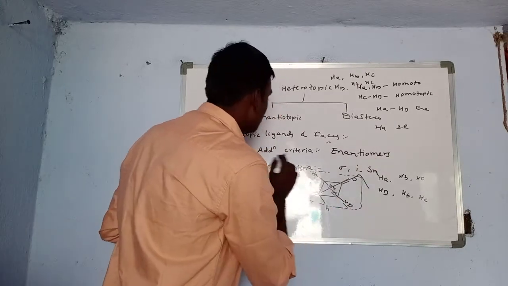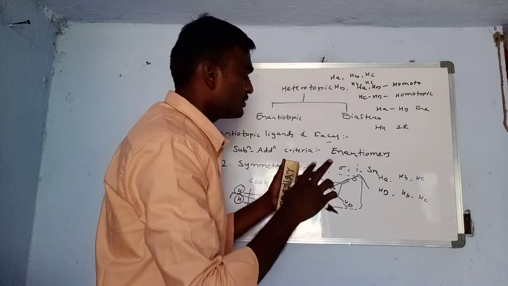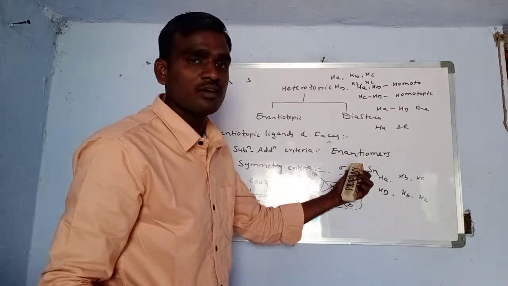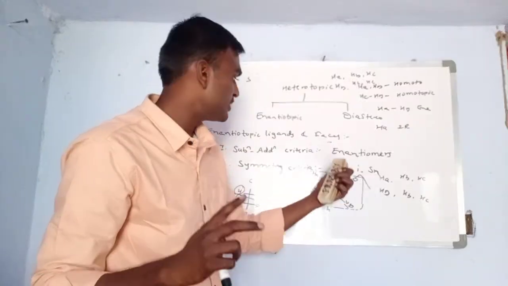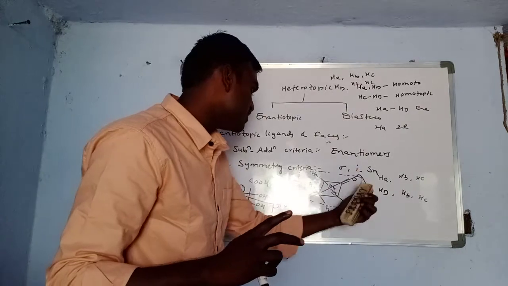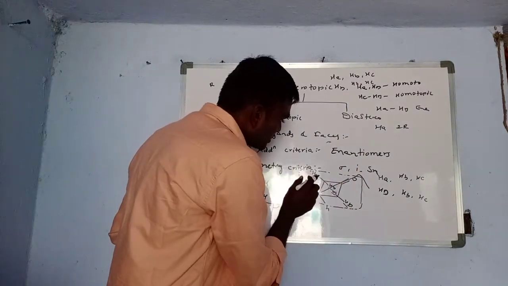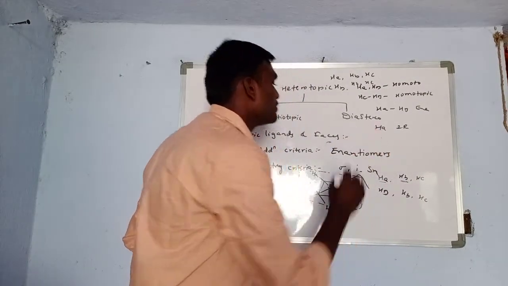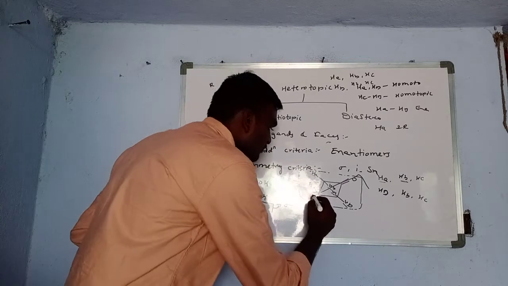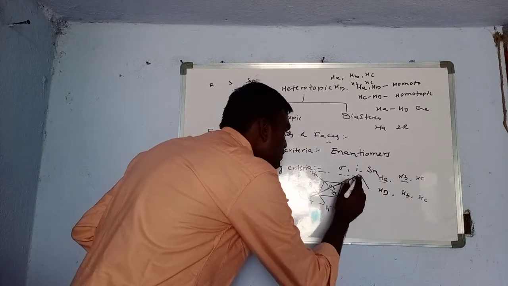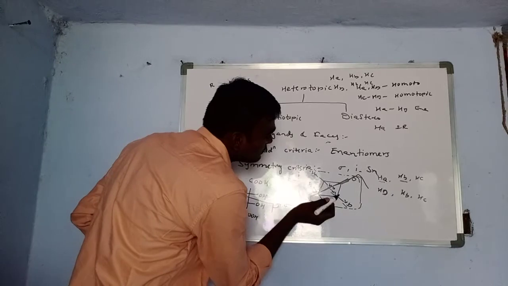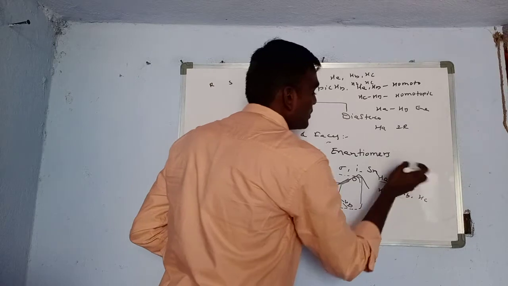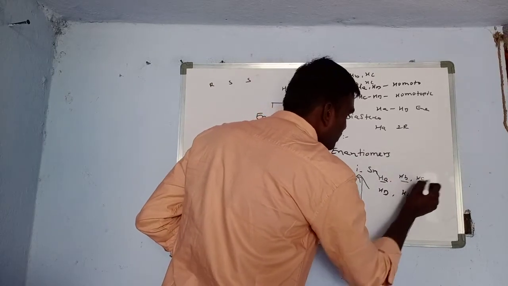So what is the symmetry criteria? Whenever the ligands can be exchanged through sigma, that is the second kind of symmetry element. Here, due to the sigma plane, HA and HB are interconverted, so HA is enantiotopic with HB. Similarly, if we cross the plane through the carbonyl carbon, HA is reflected to HC, so HA is enantiotopic with HC.